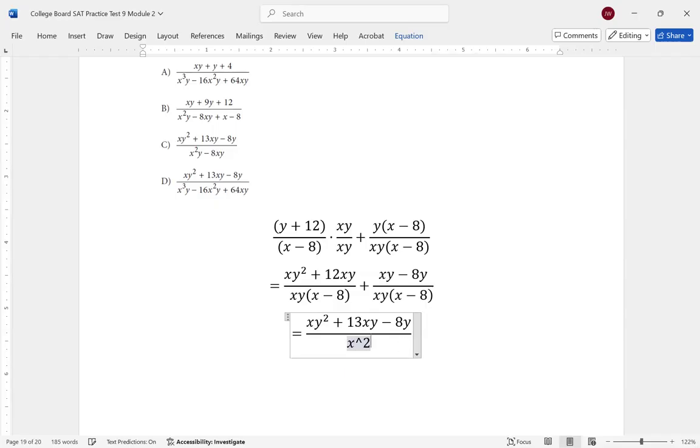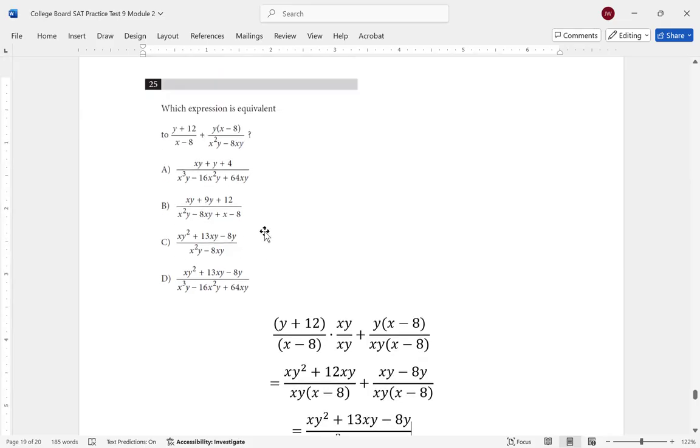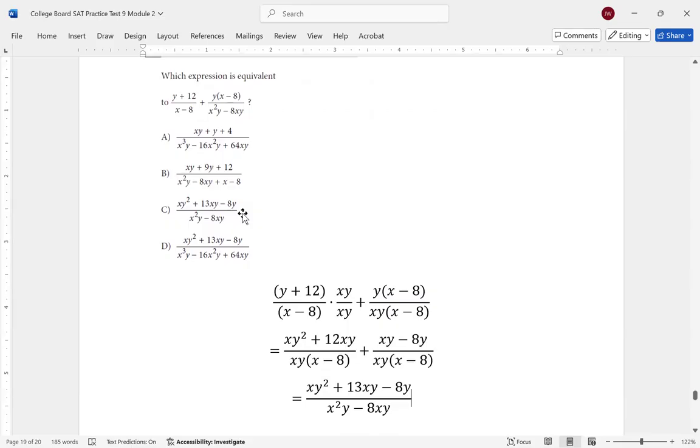So we get x squared y minus 8xy in the denominator. And if you look at that, the expression is the same as C. Therefore, C is the answer to question 25. So for 25, the answer is C.